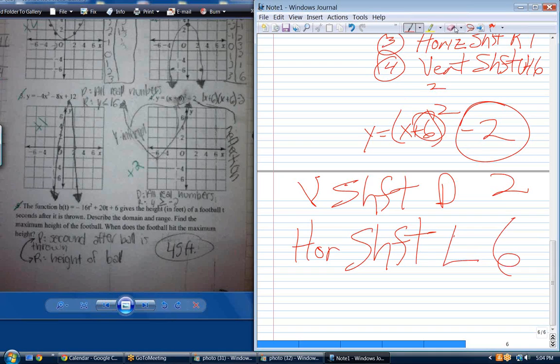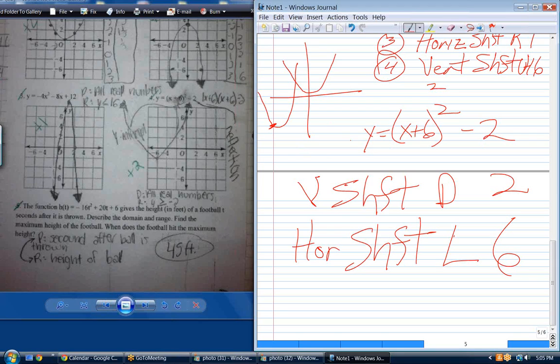Notice that both of these are shifts. Neither one of them is a stretch or a shrink. In other words, neither one of these changes the shape, only changes the position of the curve. Instead of the curve being right here, I'm going to move the vertex down by 2 and left by 6. So the vertex is going to be over here, and the curve's going to look like that.